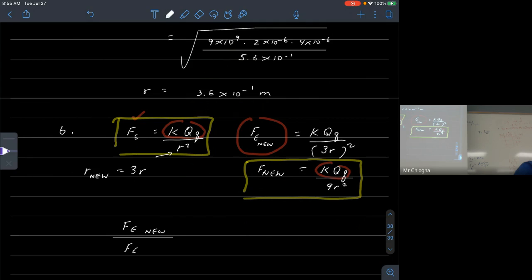New, and then FE. I don't have to put old. That's the expression for old, just as is above here. Okay, that's what I did on the left. Whatever I do on the left, I've got to do on the right.